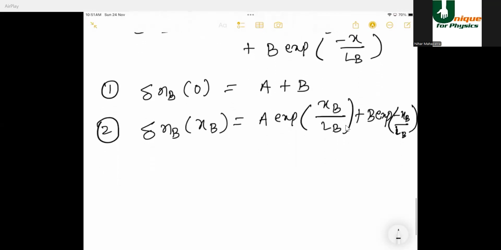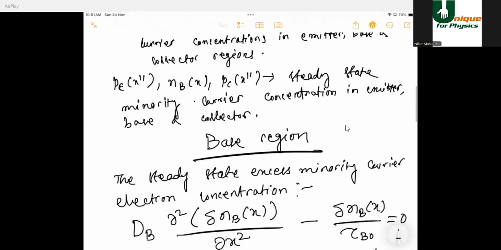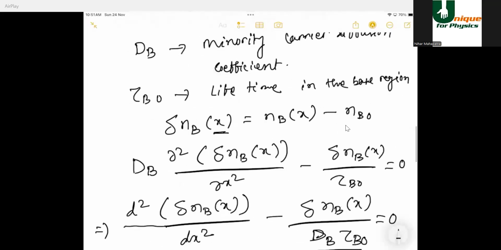Fine. Now what is the value of delta nb at x equal to 0? That also we know. We have written the actual value of delta nb, which is the non-equilibrium concentration minus the thermal equilibrium concentration, that is nb at x minus thermal equilibrium concentration nb0.